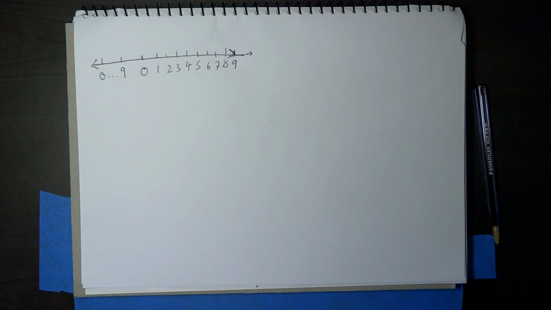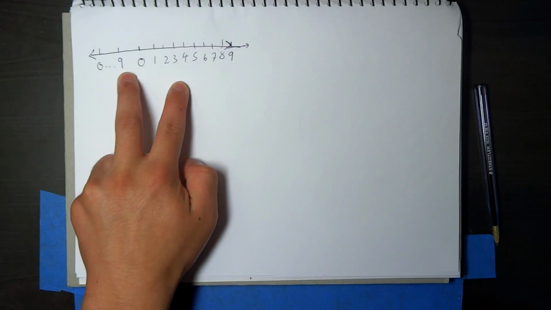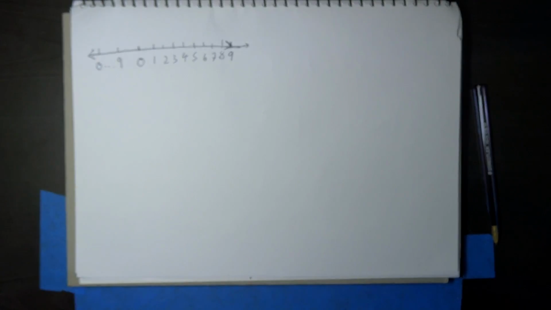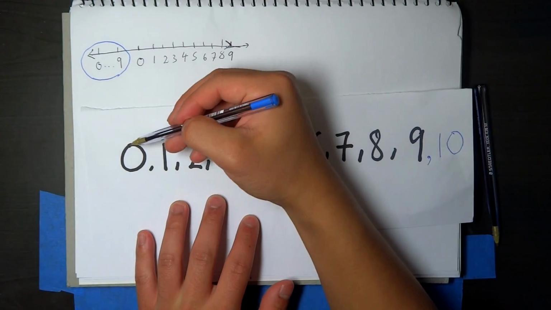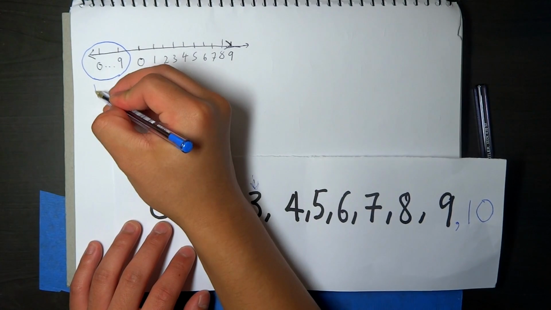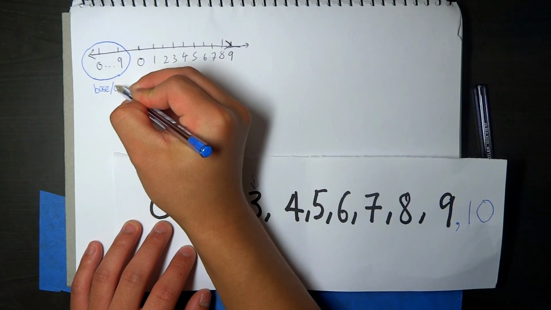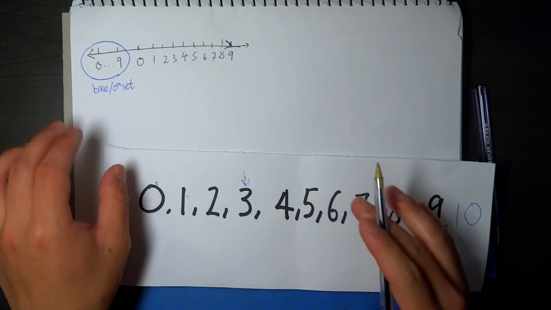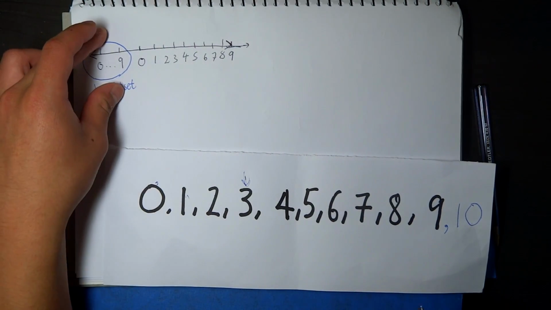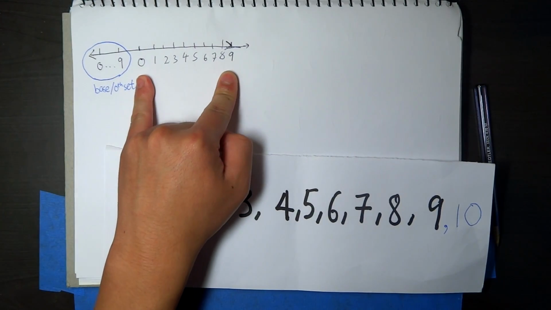But now I have 2 sets of 0 to 9. I need to somehow differentiate this set, which I will call the base slash 0th set, I need to somehow differentiate this set from the next set of 0 to 9.